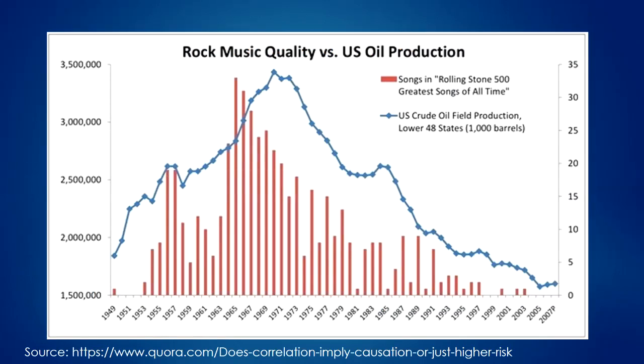So you can see that there's actually a pretty close relationship between these two variables, that just after we see the peak in the number of greatest songs, we also see a peak in crude oil production. So if you were looking at a correlation between these two, you would probably see a pretty strong one. However, you might reasonably say, what do these two have to do with each other? And the answer is probably nothing. So we wouldn't expect this to be a causal relationship. So this is just demonstrating that just because there's a strong association doesn't mean there's a causal relationship.